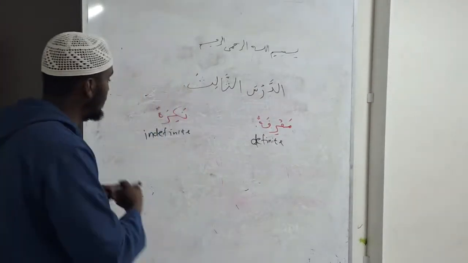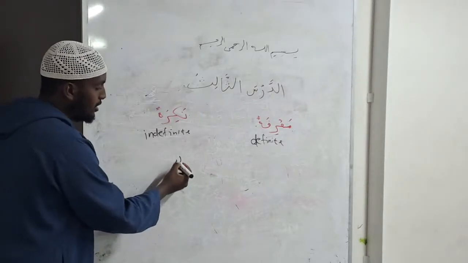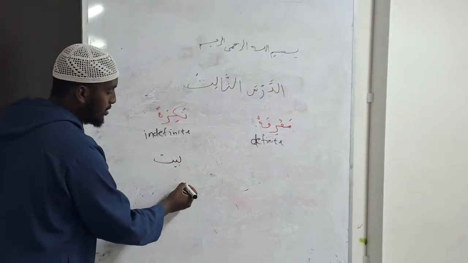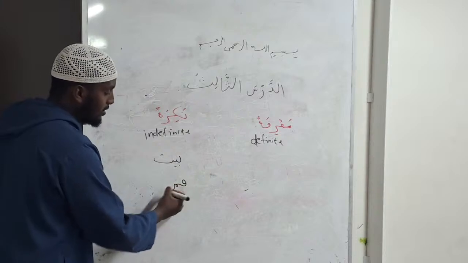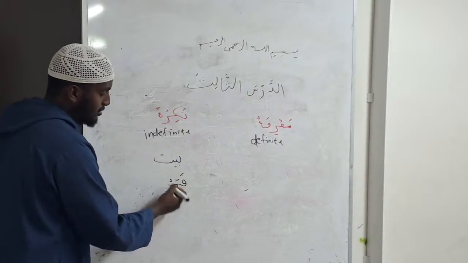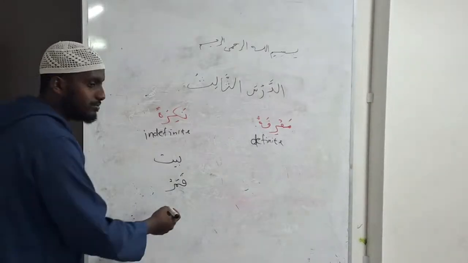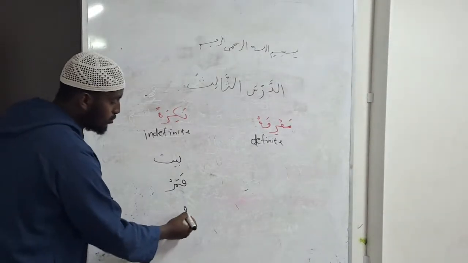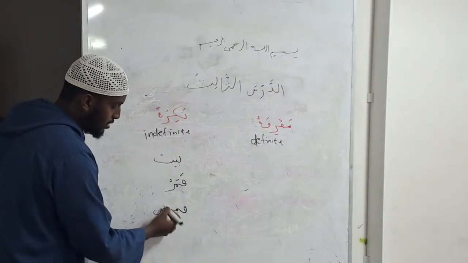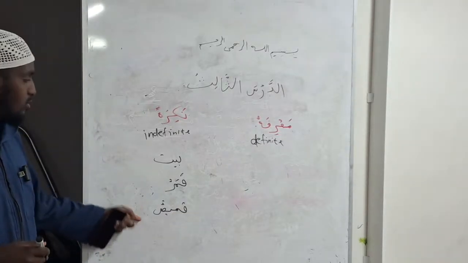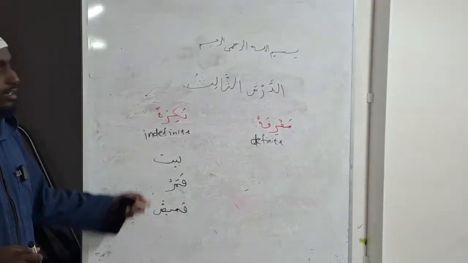Okay, so for example, words that have many of their types. Baytun, there are many types of houses. Qamarun, can consider nakira. Another, qamisun, a shirt, and so on. So these are considered nakira.